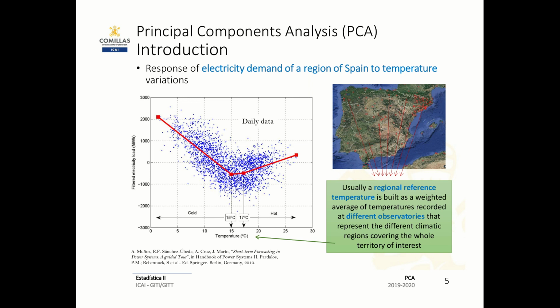And what we see here is that there are two different kinds of behaviors. So we have this behavior here on the right if the weather is hot, and this behavior here on the left when the weather is cold. So PCA will try to capture these underlying trends in the data.